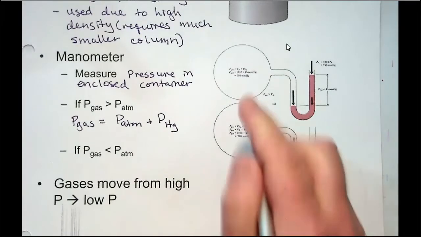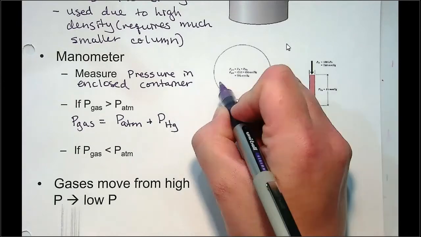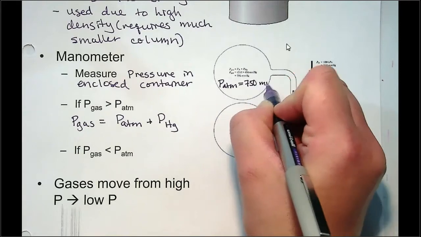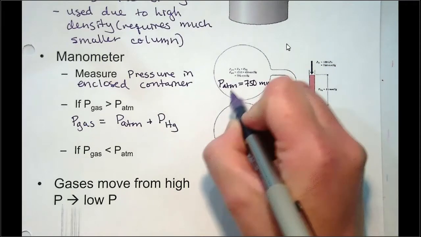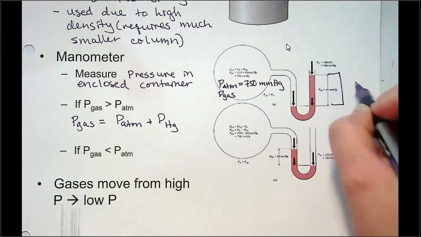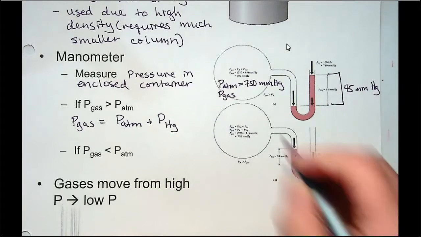So this is probably really hard to read in this graphic, but if atmospheric pressure is 750 millimeters of mercury that you would read on a barometer, and the pressure of the gas is this height right here, which is 45 millimeters of mercury, then you just add them together.